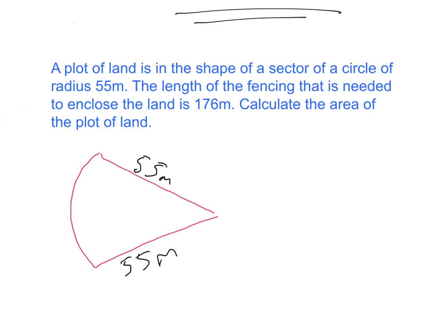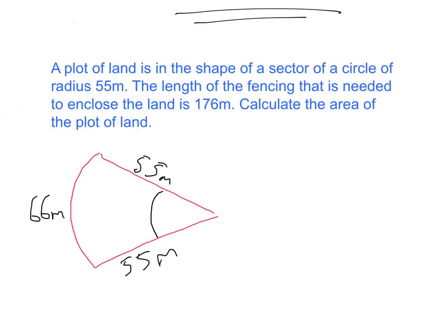So I've used up 110 so far, it's 176 in total, because the perimeter of the fence is 176. So I know that arc length is going to be 66 metres. Okay, first thing I need to do is work out this angle here. And obviously we're dealing with radians.